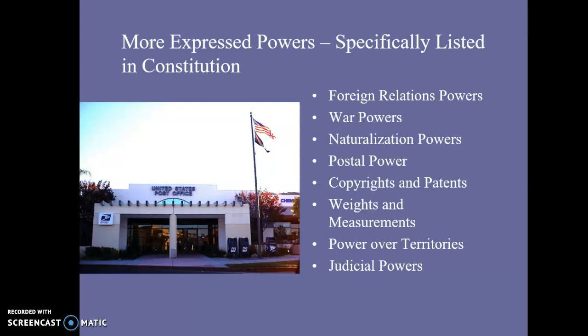Congress provides for naturalization powers, postal powers, weights and measures in terms of scales at grocery stores or at the pump stations for your gas. Powers over territories. Here we're thinking territories like Puerto Rico, like Guam, and also powers over federal districts. For example, Washington, D.C. is not a state, it's a federal district, which is run by Congress.